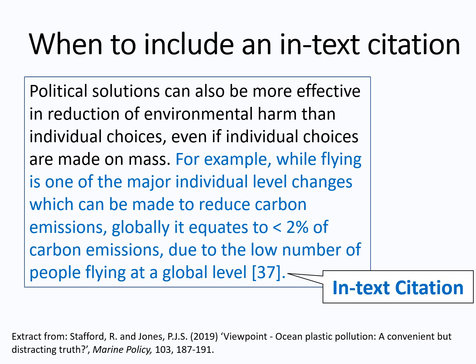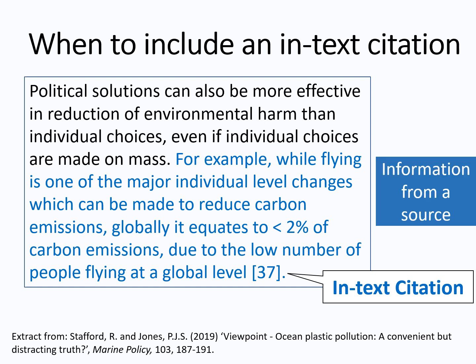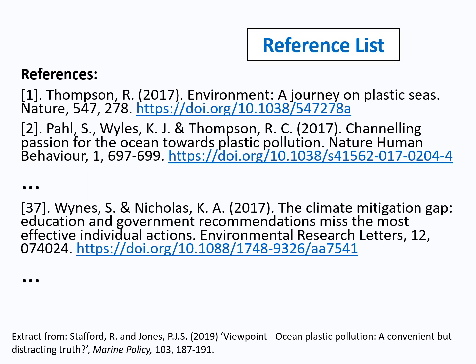In this case, we have the number 37 in square brackets before the full stop. This indicates that this information comes from a source. If we want to find out which source it is, we need to go to the reference list. In the reference list, under number 37, all bibliographical details are listed according to the relevant referencing style.